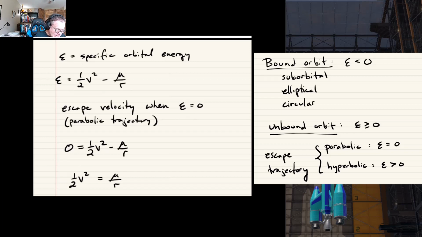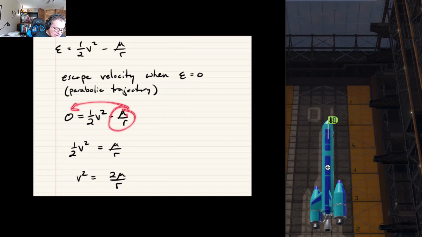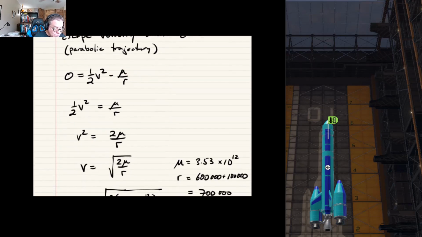So if I set the orbital energy to 0, move this term over to the other side, write it this way, multiply both sides by 2, take a square root. Of course, there's plus and minus solutions algebraically, but I'll just take the positive as the speed that I would need in one direction or the other.